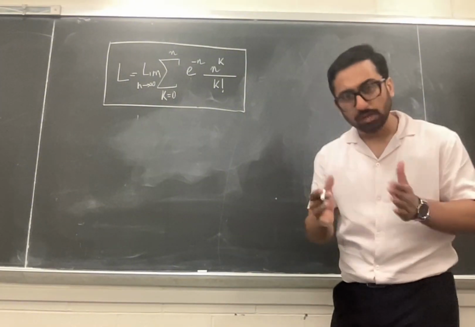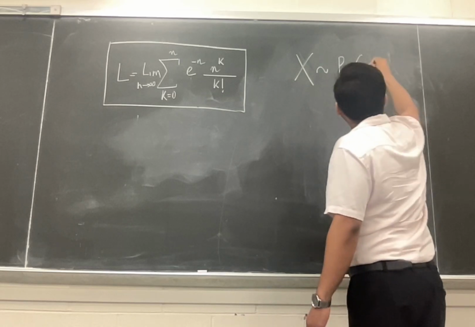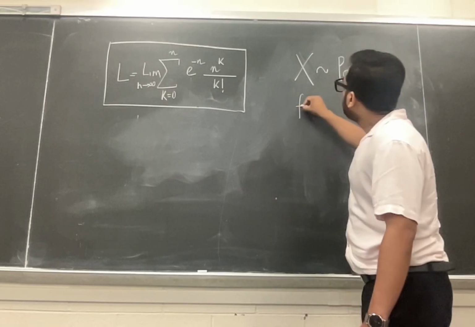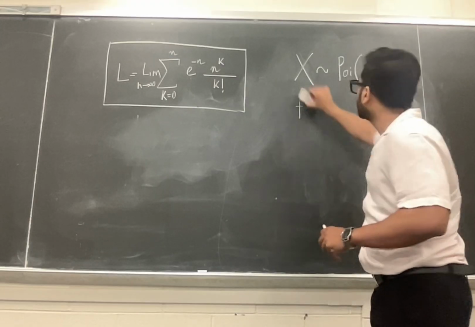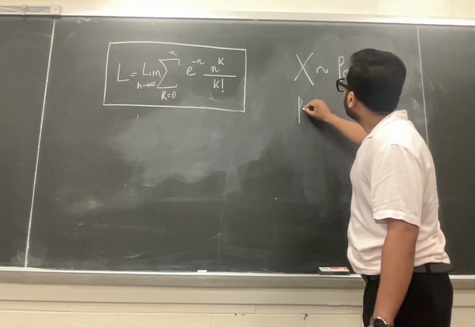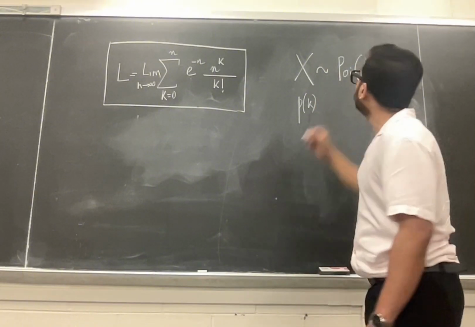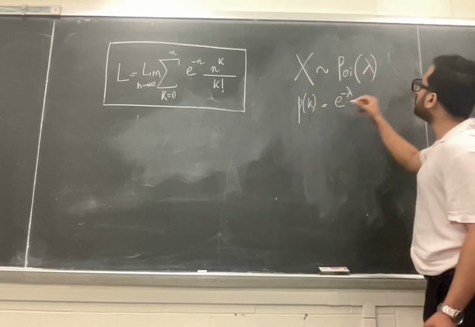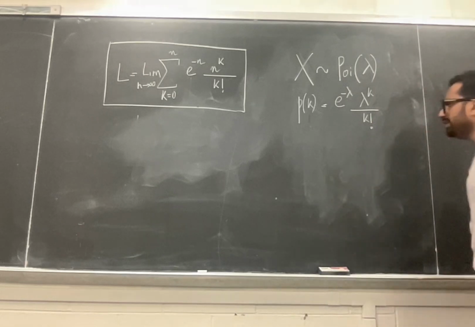If x is a random variable, x follows Poisson with parameter lambda, then the PMF of x, because it's a discrete distribution, so let's call it P of k, the PMF of x taking the value k is nothing but e to the power minus lambda, lambda to the power k by k factorial, right?